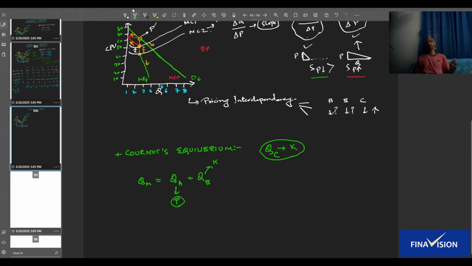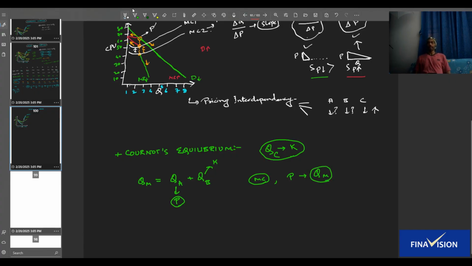Now, how does A decide on what the price is going to be? For that, A will need to know two things. One is the marginal cost, and two is the relationship between price and the market demand.